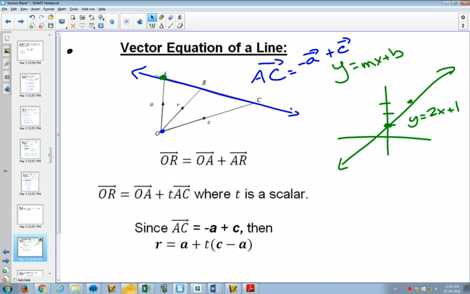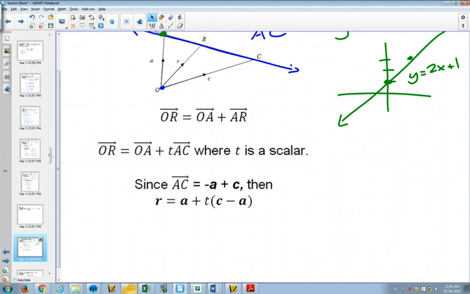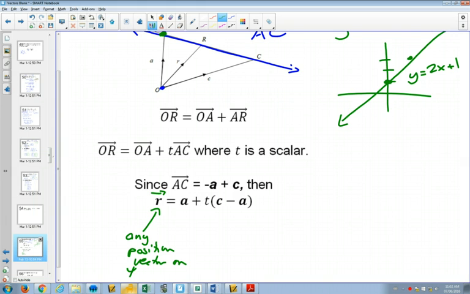So our equation of our line we write as any vector r, so this r is any position vector on the line. Any position vector on the line has vector a, and we can think of that as a starting point, and that starting point can be anywhere on the line.